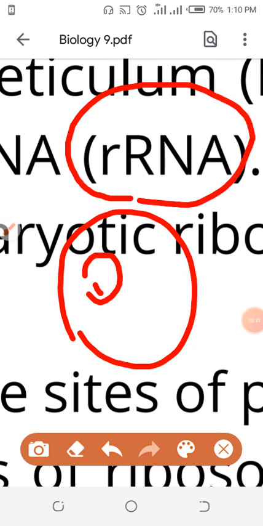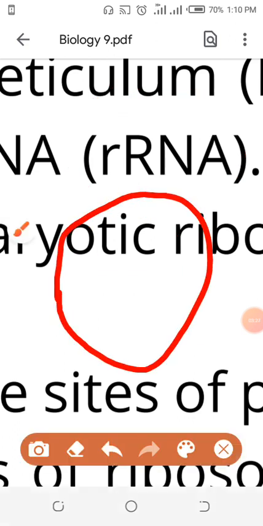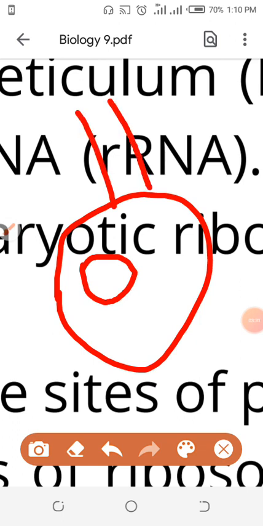What is the function of the ribosomal RNA? This ribosomal RNA will also come out through the same tubes by which the messenger RNA was coming out, called the endoplasmic reticulum.